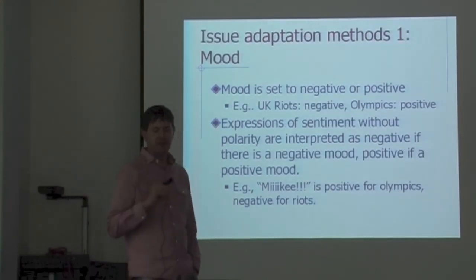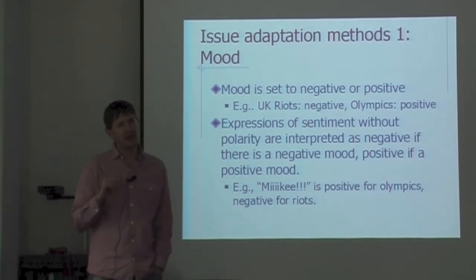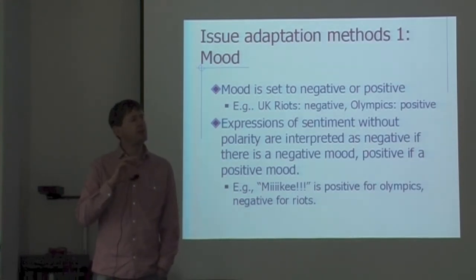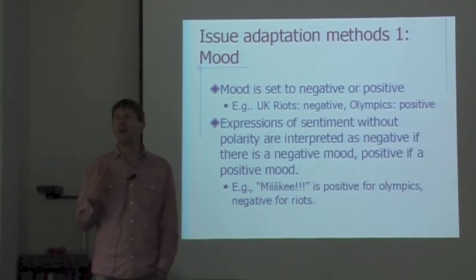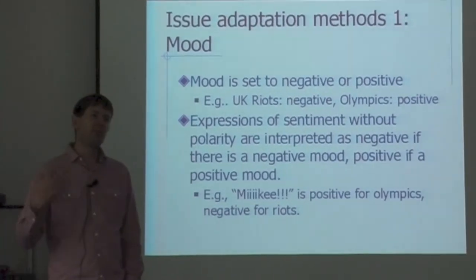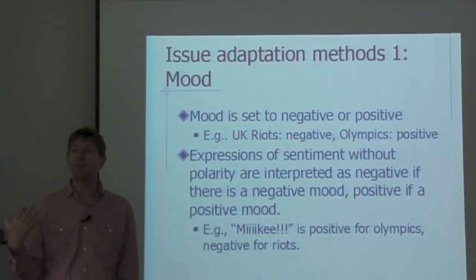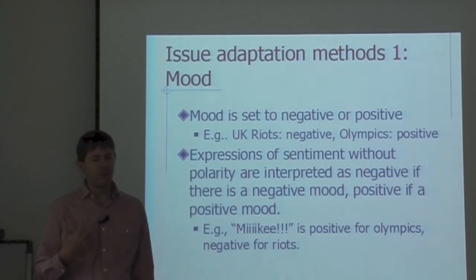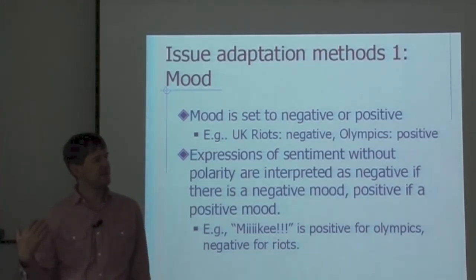Okay, so the methods that we've got for adapting SentiStrength to particular sets of text around a specific issue. The first method we have is mood. You can give SentiStrength a mood, either positive or negative. The default mood is positive, so generally the social web is a positive place. But you can set the mood to be negative.